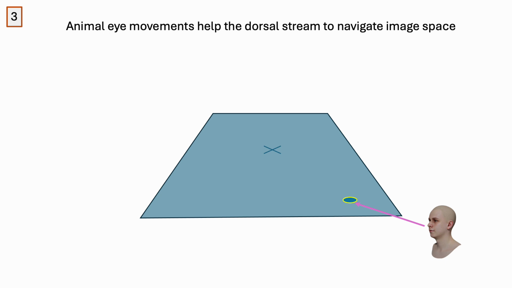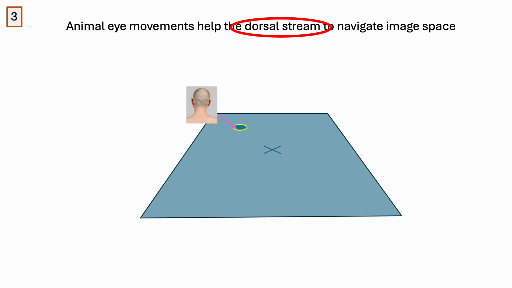So having set up the idea of surface of images all related by fixating on a single object, we can look at what happens in the dorsal stream when somebody moves. So that's what I'm going to show here. The observer moves while fixating on that person. They move around and now they get a different image.